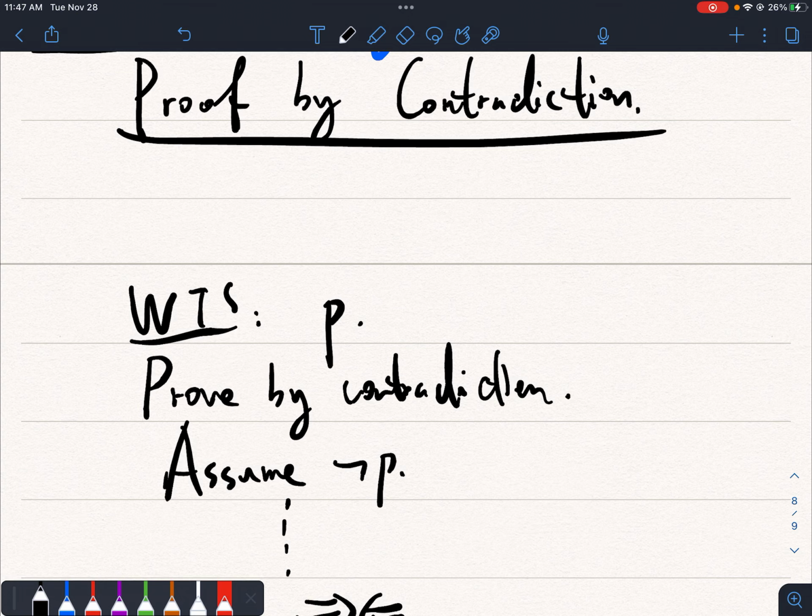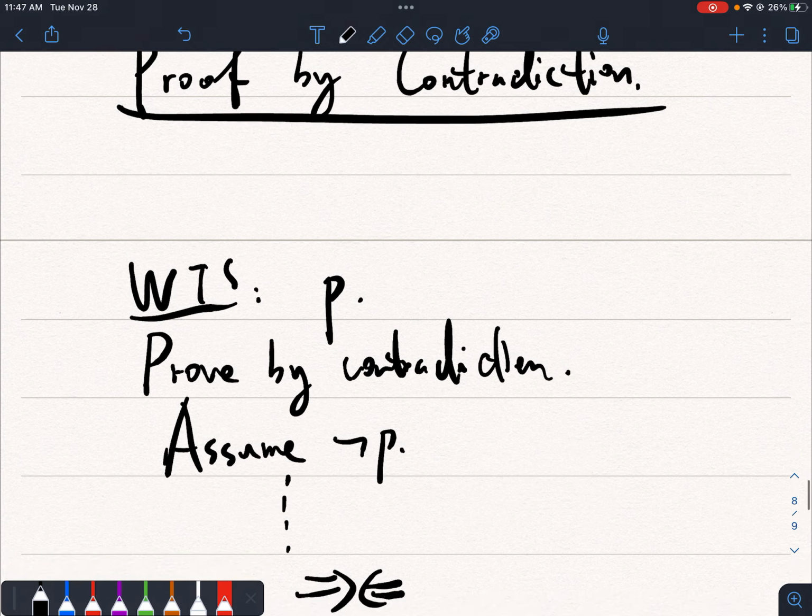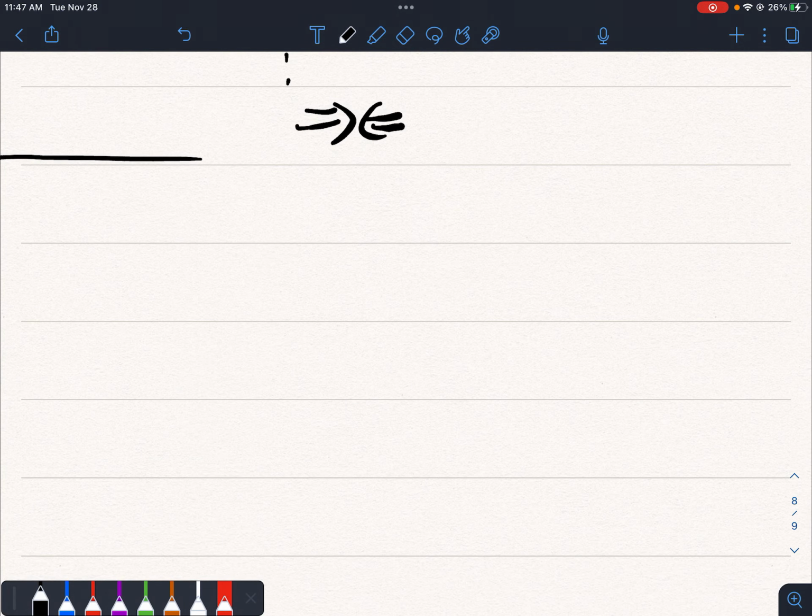Because this is any statement P. So one of the most famous examples in history of math is that one can prove square root of 2 is not rational. Maybe I can just prove it quickly. So to prove it, the only known method is probably just by contradiction.